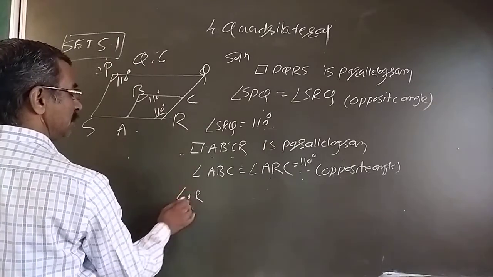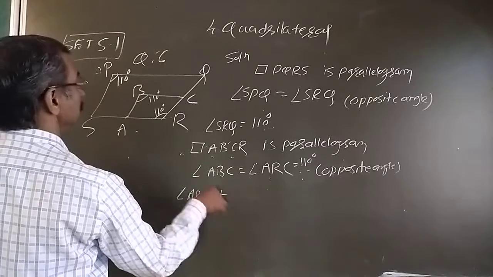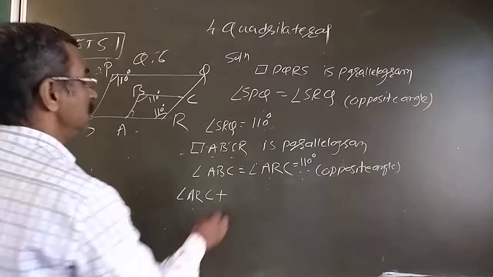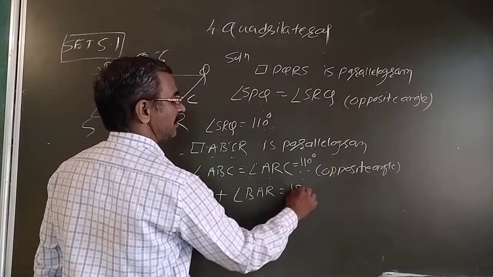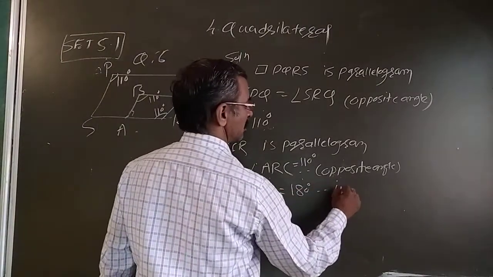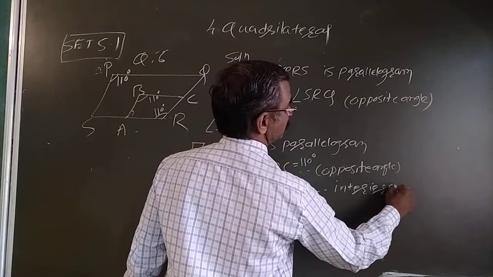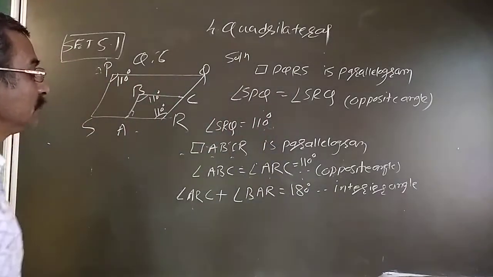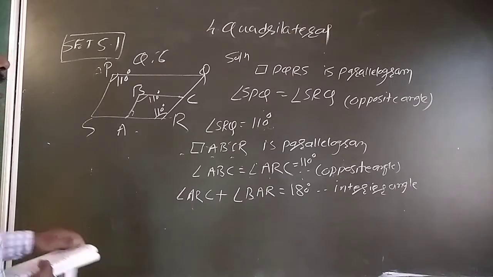Here we take the two adjacent angles ARC plus BAR, their sum is 180 degrees because the interior angles of a parallelogram are supplementary.